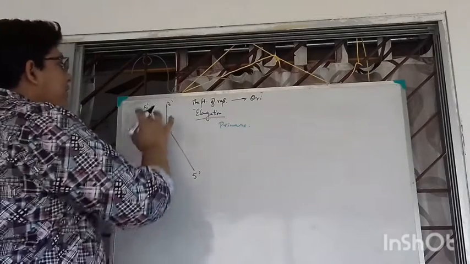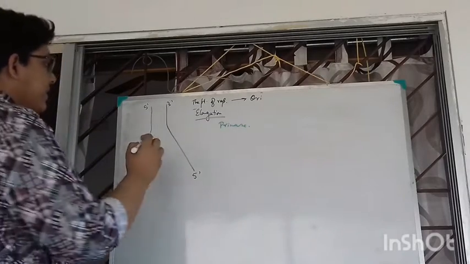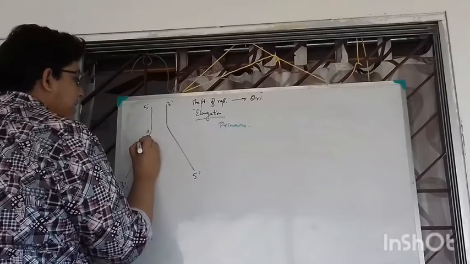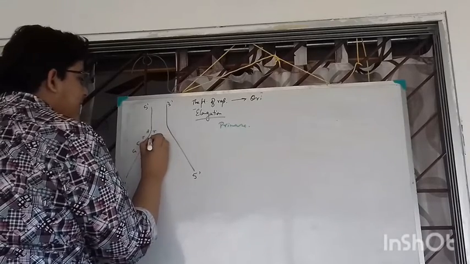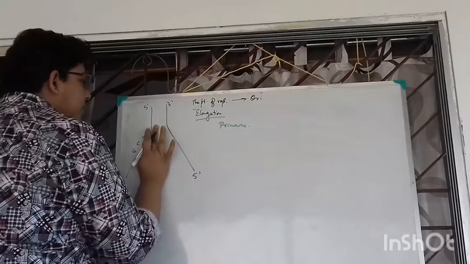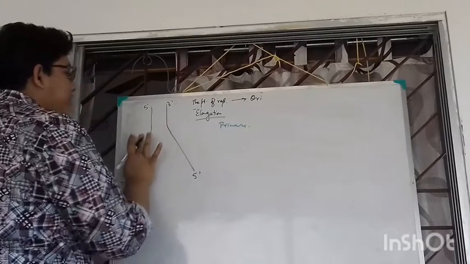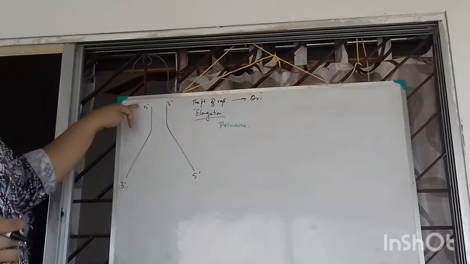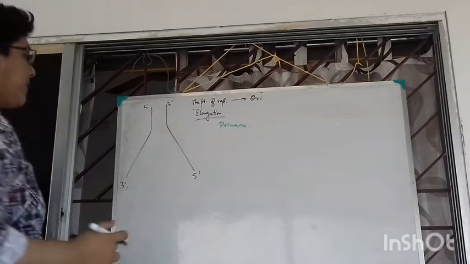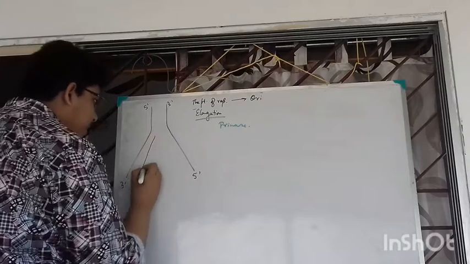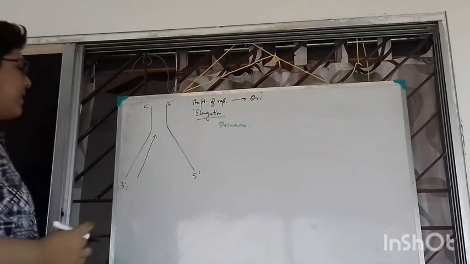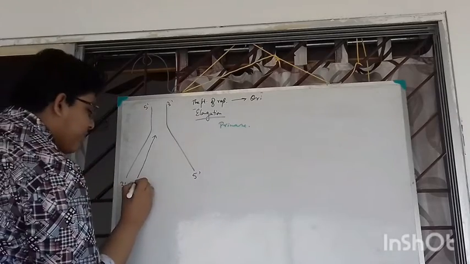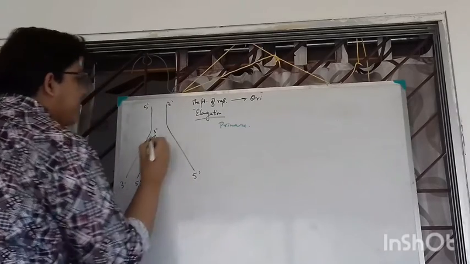From the 3' to 5' end, suppose this was A, T, C, G, it will form T, A, G, C. It will form a complementary strand. From the free 3' end to the 5' end, this will form a continuous segment. Since this is complementary, the 3' will form 5' and the 5' will form 3'.